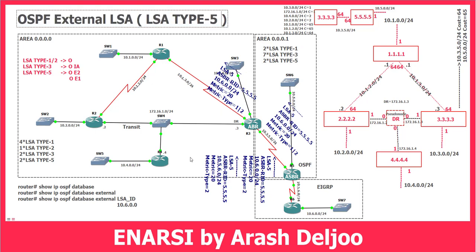Maybe now you want to know what is the next LSA that we should learn about. The next LSA that I'm going to talk about is LSA type 4, the ASBR summary. You will learn about LSA type 4 in the next video and also in this example scenario.